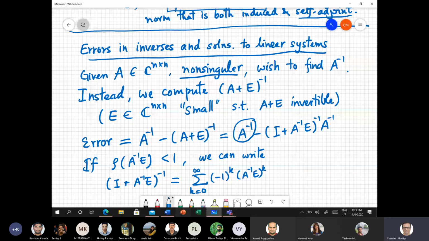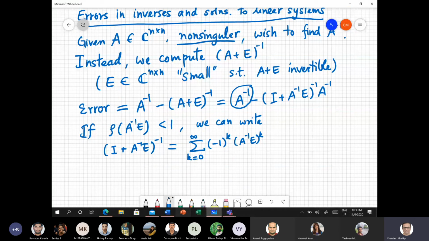This is a result we saw recently. So we can write it like this.